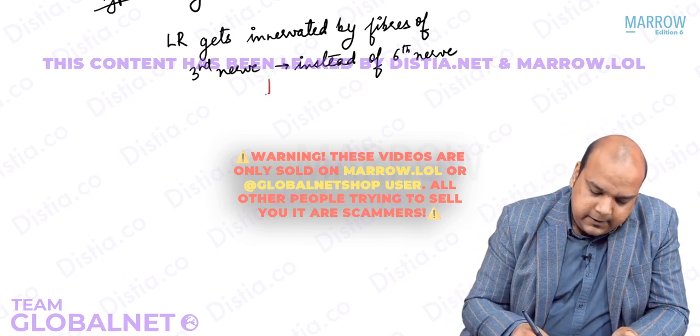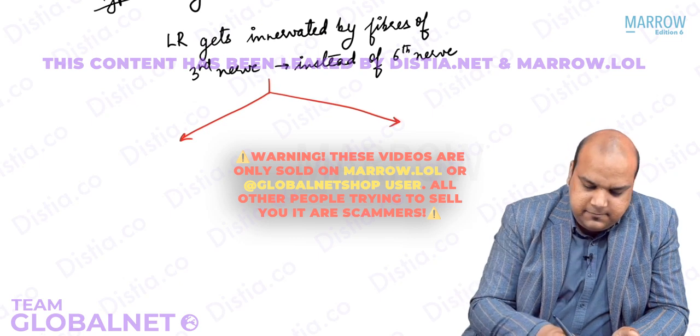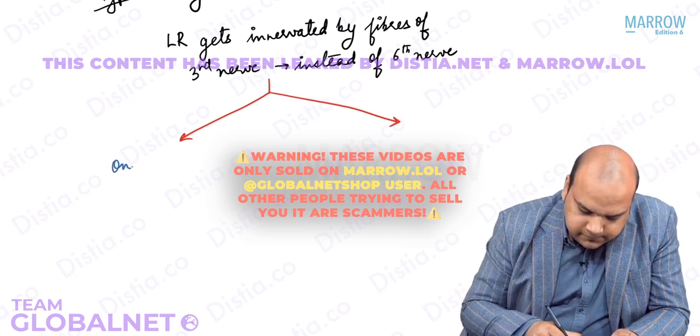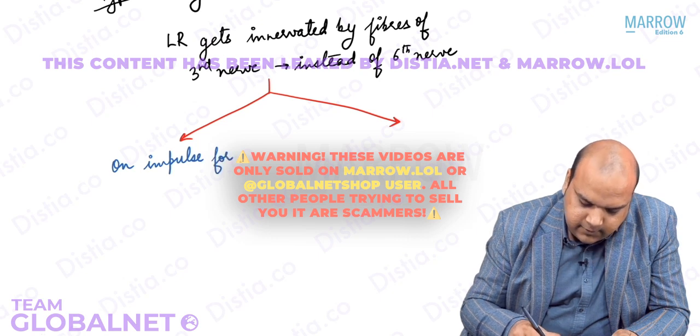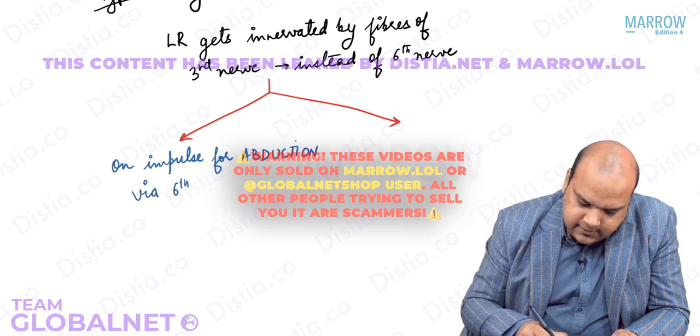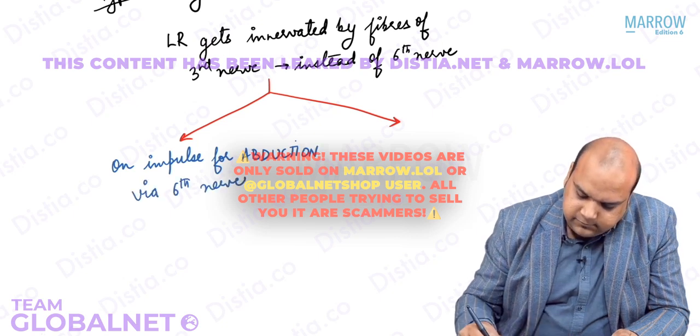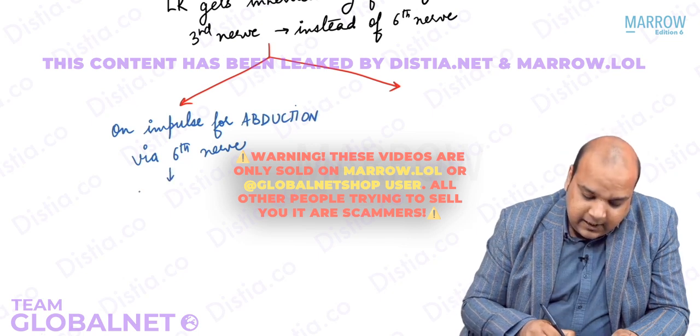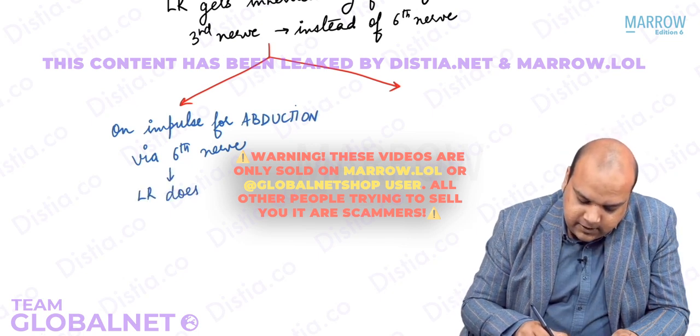Now what will occur, everybody? Let's see. On impulse for abduction via sixth nerve, LR does not act.